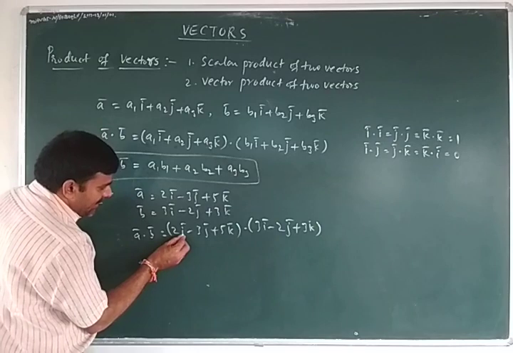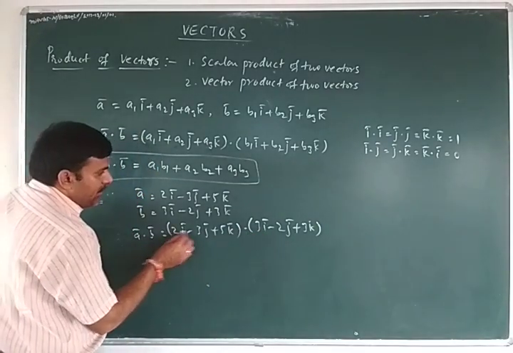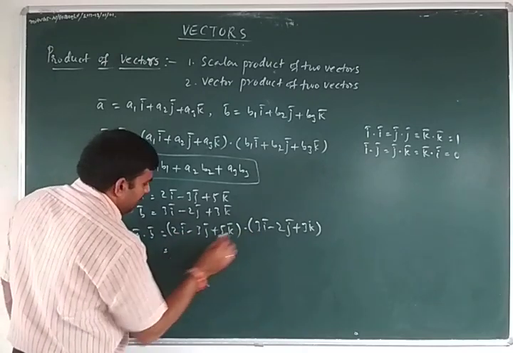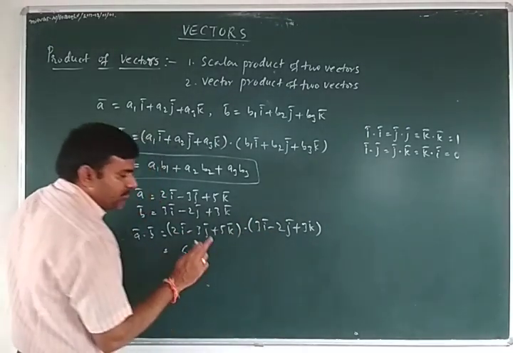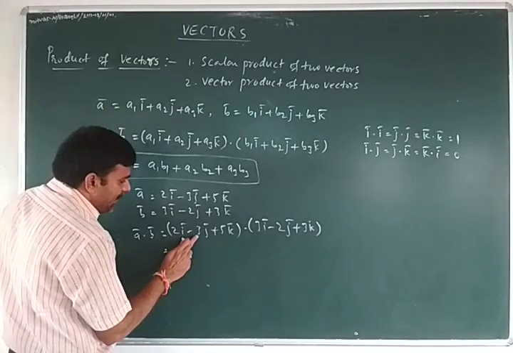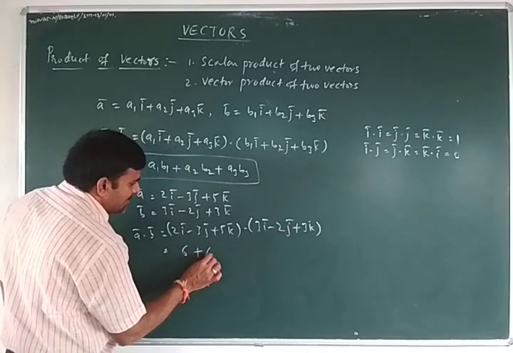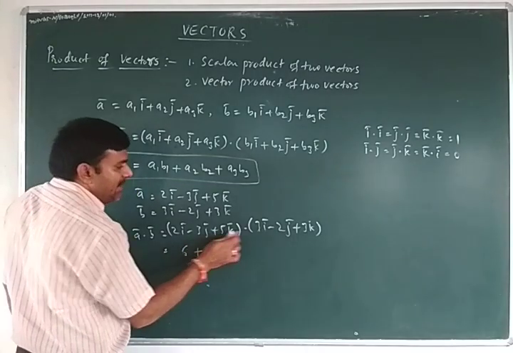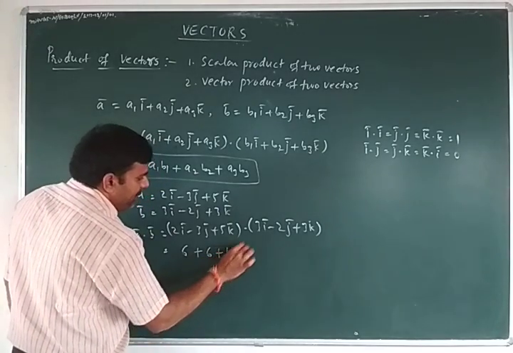That is nothing but the I coefficients: 2 into 3 is 6, and the J coefficients: minus 3 into minus 2 is plus 6. Next the K coefficients: 5 into 3, that is 15.